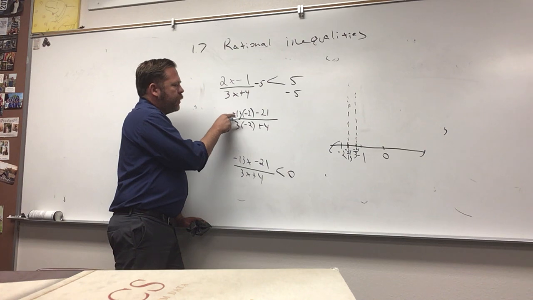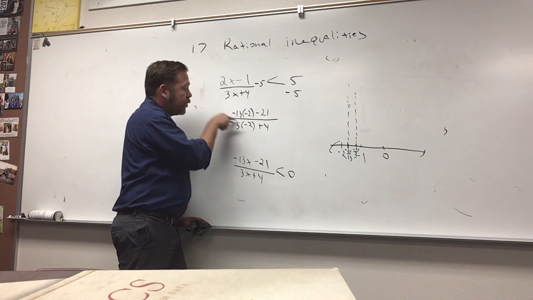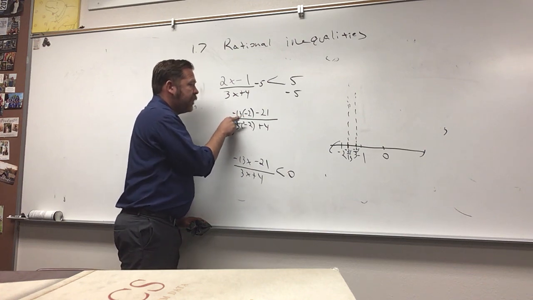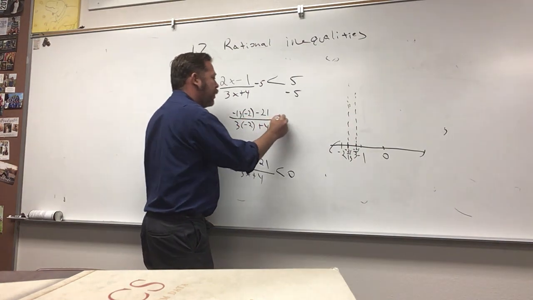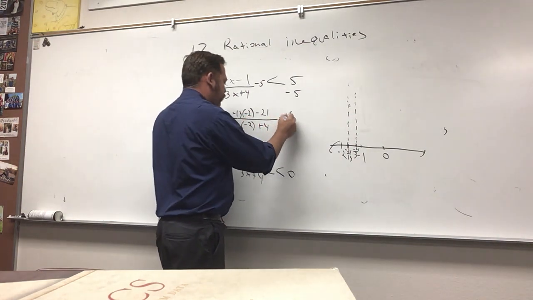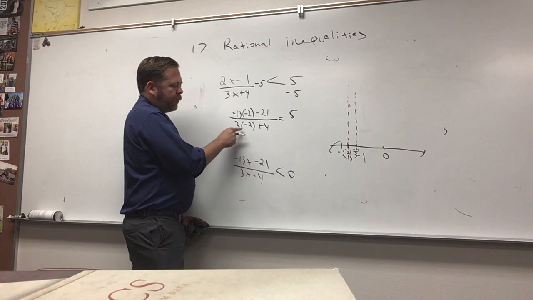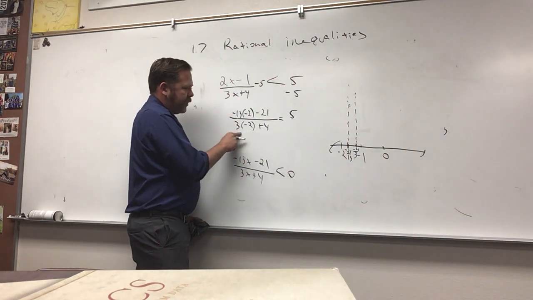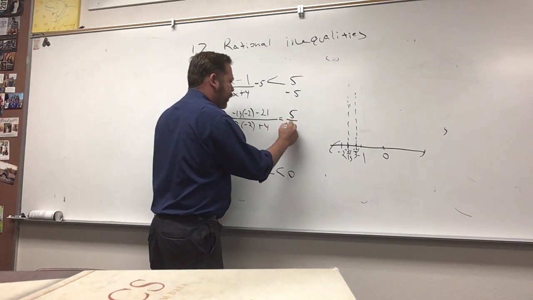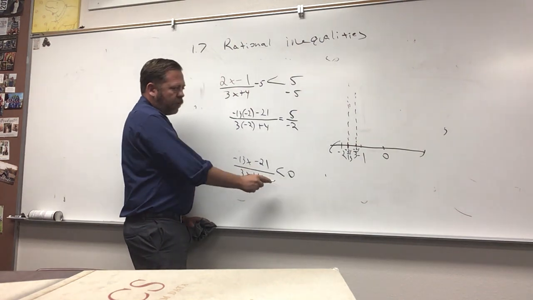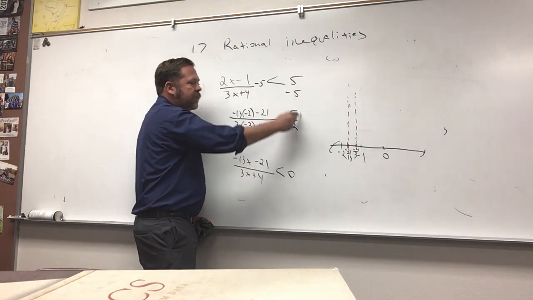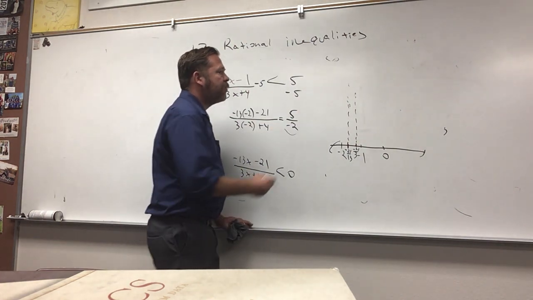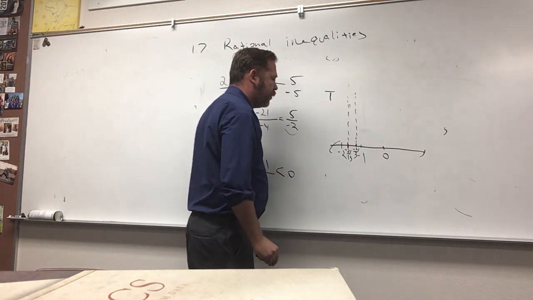Negative 13 times negative 2 is positive 26. 26 minus 21 is 5. 3 times negative 2 is negative 6. Negative 6 plus 4 is negative 2. So this time we're looking for anything that's less than 0. Since this is negative, this is less than 0, this will be true here.